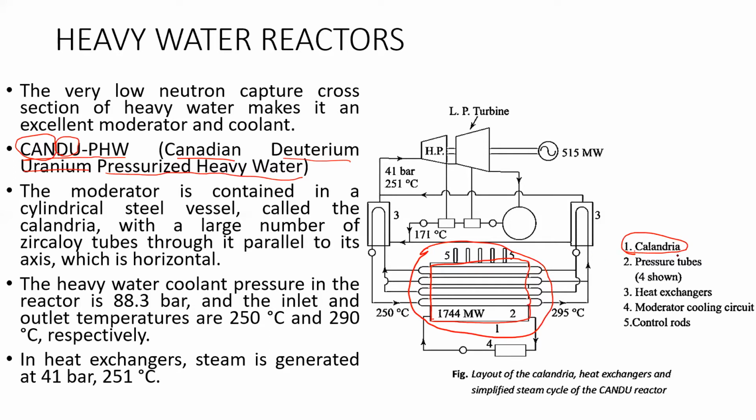It is named after Canada, so it is known as calandria. It is a cylindrical steel vessel, and it contains the moderator, and the moderator contains the fuel cell.